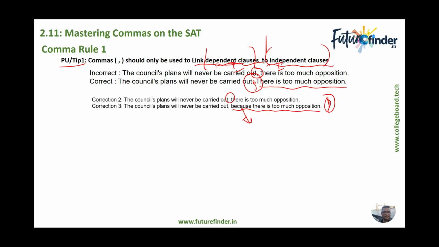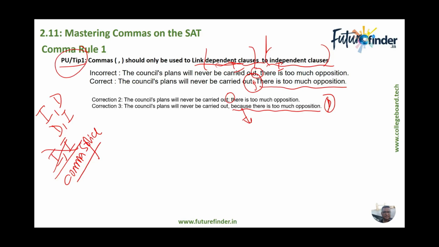In a nutshell, comma rule 1 says that a comma has to be between an independent and a dependent clause, or a dependent and an independent clause. If you use a comma between two independent clauses, this is called a comma splice error. This is the nutshell of comma rule 1.